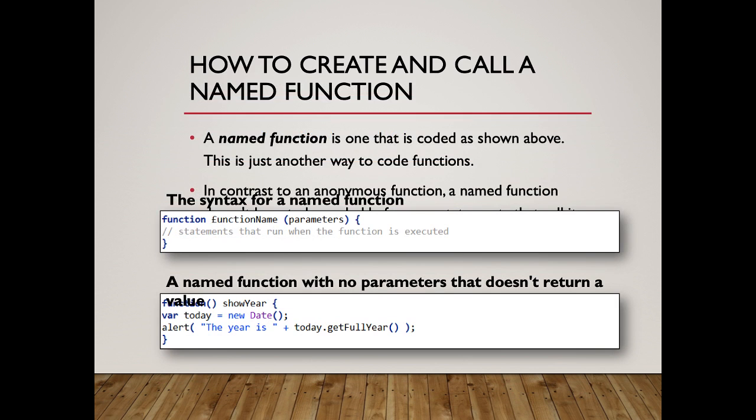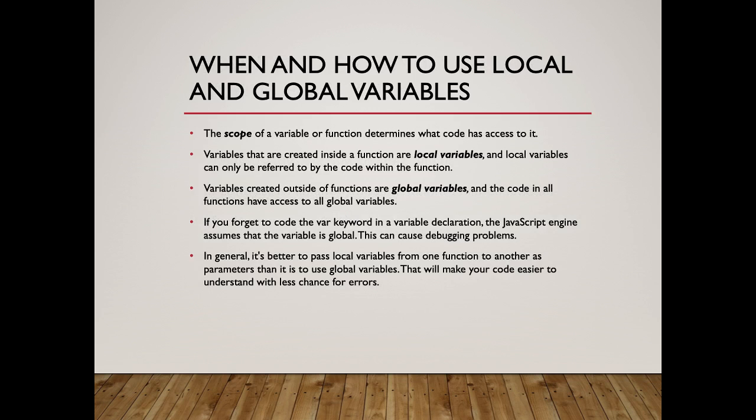To create and call a named function is the exact same way. Instead of assigning it to a variable, you just give it the function name after the word function. It works the exact same. The only difference between these two functions is, is anyone familiar with the term hoisting when it comes to JavaScript? One person.